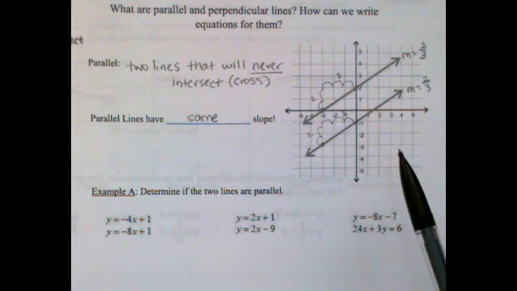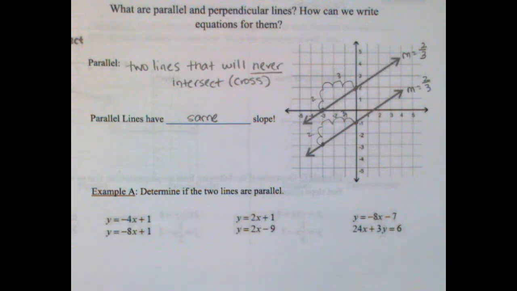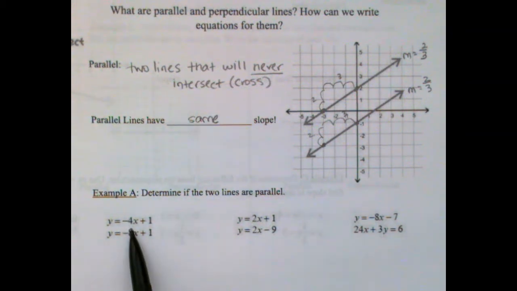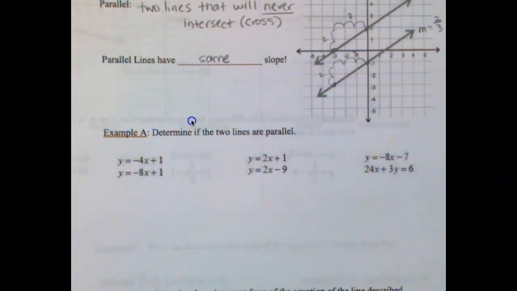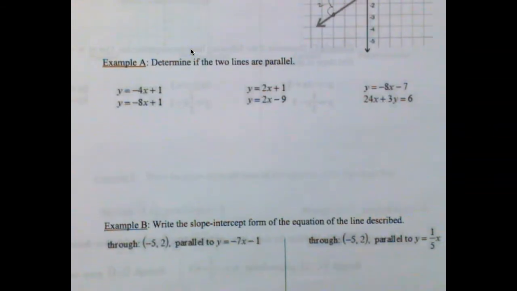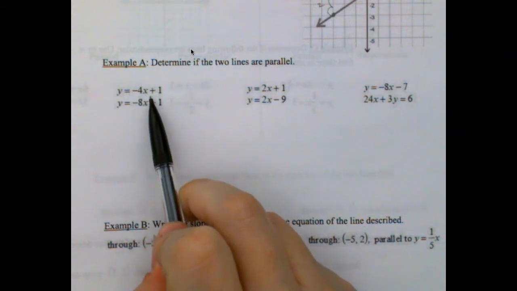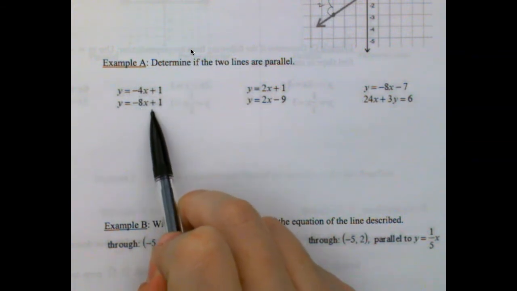Okay. So what happens if we have equations and I don't give you the graph, and instead I just say, hey, here are two equations. I want you to tell me if they're parallel or not. Well, we have to use all of our different formulas for slope in all the different forms we've used so far. Okay, so for example A, for these two lines, I've got y equals negative 4x plus 1 and y equals negative 8x plus 1.